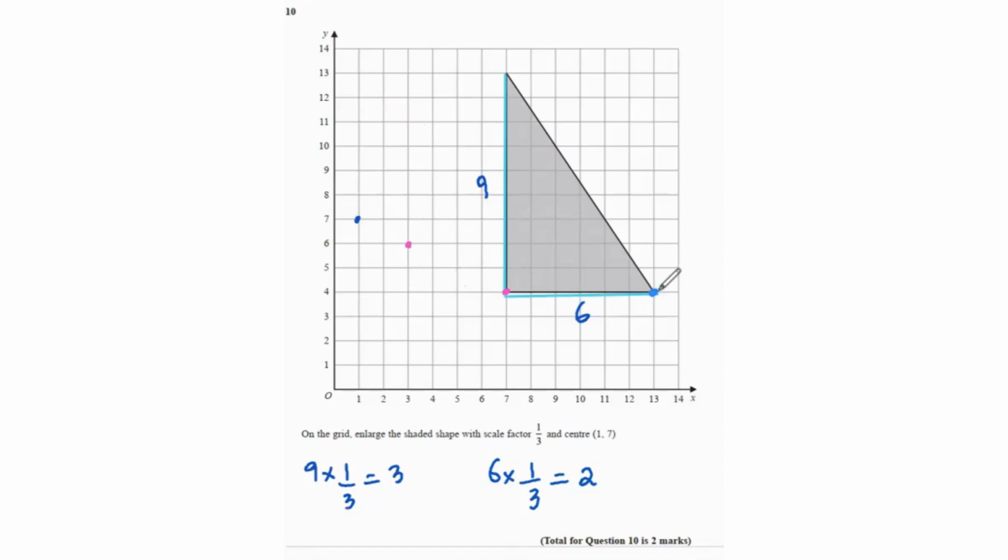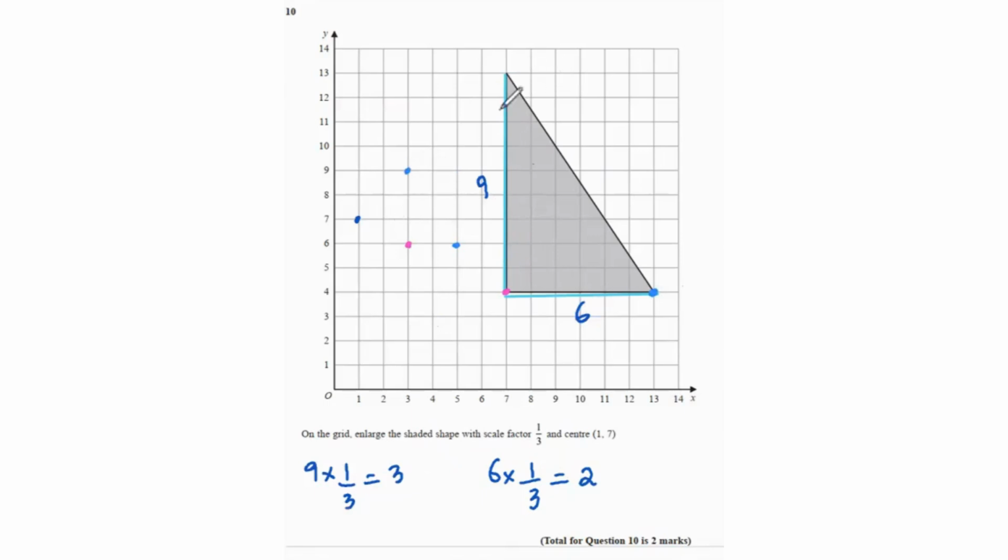Similarly, this one is 6 units now. So we know 6 divided by 3 is 2, which means this point will come over here. For this one, it's 9. So 9 divided by 3 is 3. So that's going to be over here.